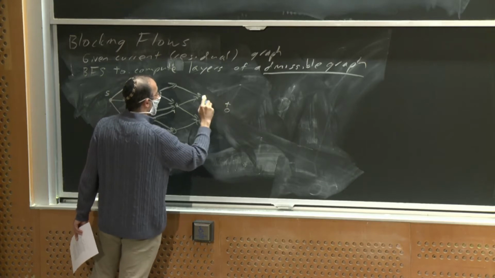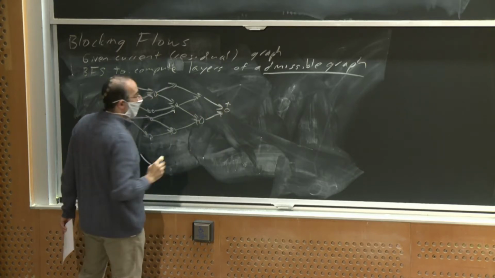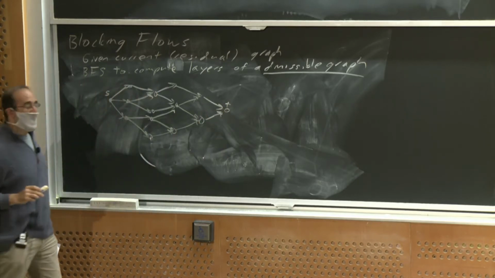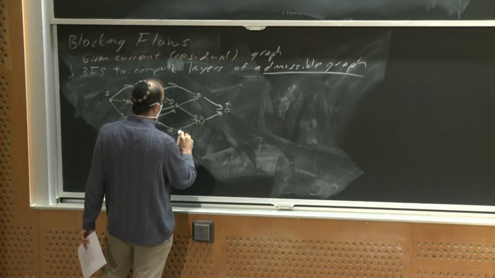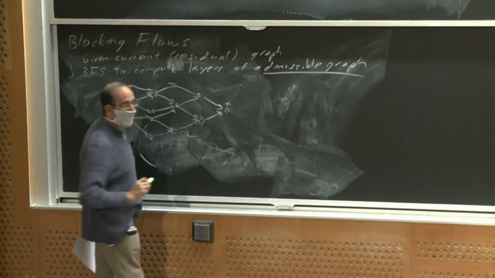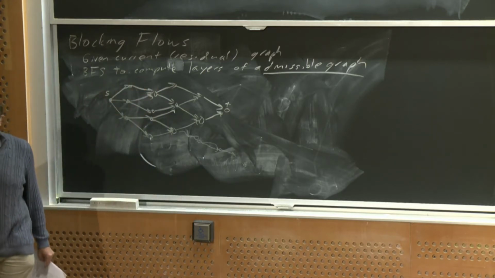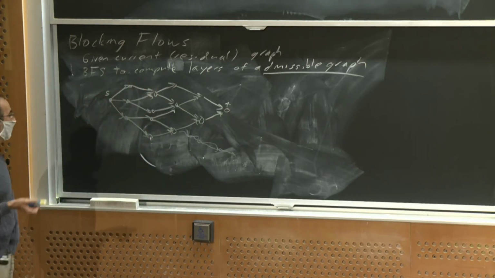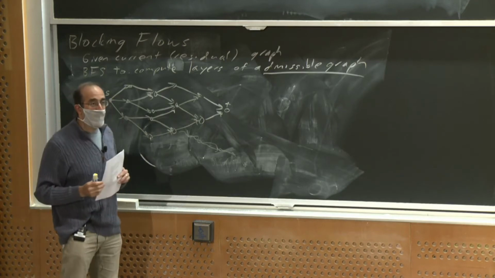And eventually we will find our way to the sink. There may be some other paths that go off in other directions, but we don't care about them because we're interested in finding flow to the sink. So paths that can't reach the sink, it doesn't matter.